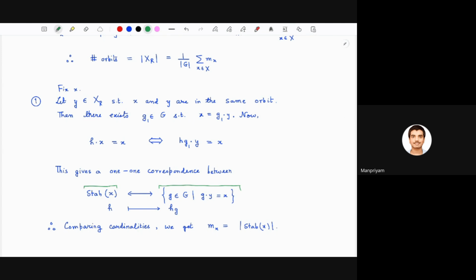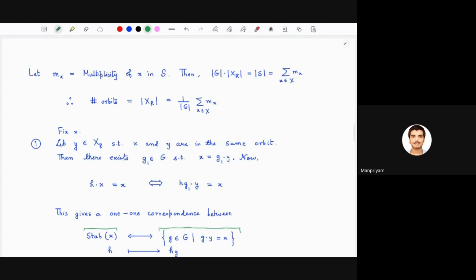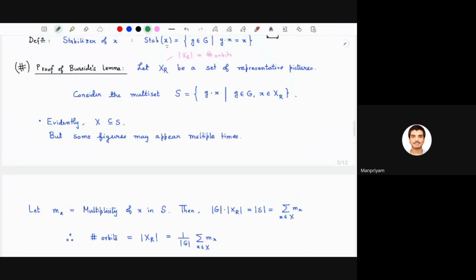Because our multiset was exactly this collection, g dot y and so on. In particular, we get that the multiplicity of x, the number of times a particular figure x appears in our multiset, is precisely the cardinality of the stabilizer of x.